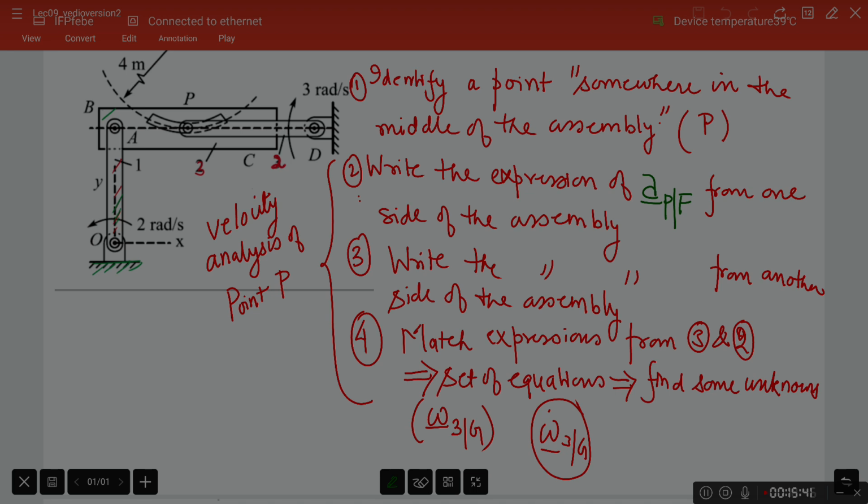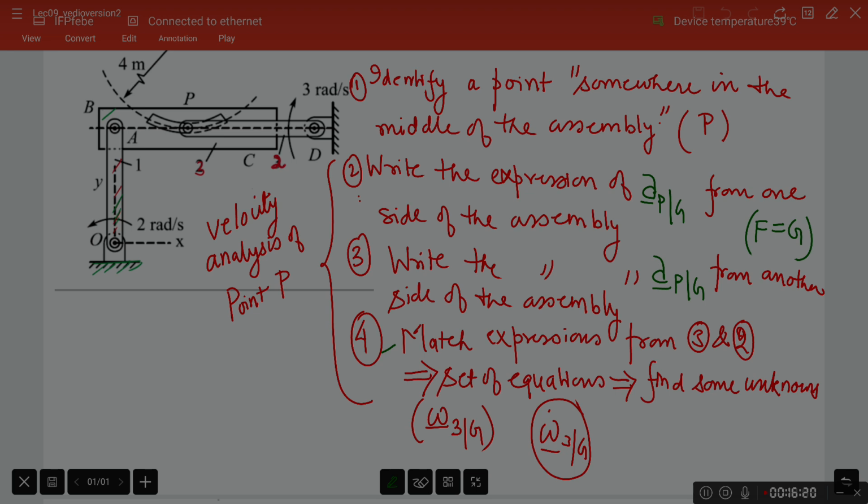Then you will write the expression of APF from another side of the assembly. F or G, I am using them interchangeably. F is same as G. APG and APG. Once you have two expressions for APG from the two sides of the assembly, step 4 would be to match expressions from 2 and 3.